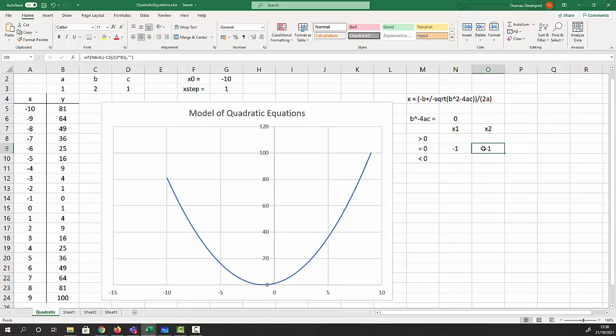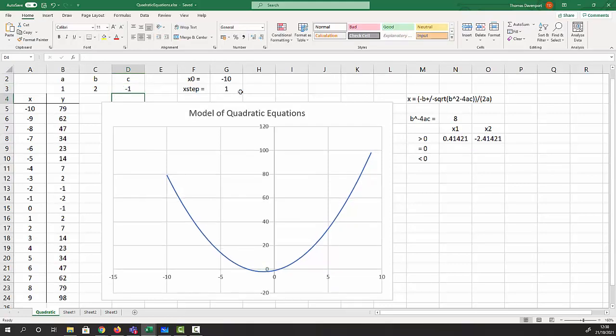You could argue that we could just amalgamate those into the same cells, but I'm just trying to point out that you always have two roots for a quadratic, and in this case they are two identical roots, and when this is equal to, I don't know, -1, then you get two real roots, which is 0.4 and -2.4.